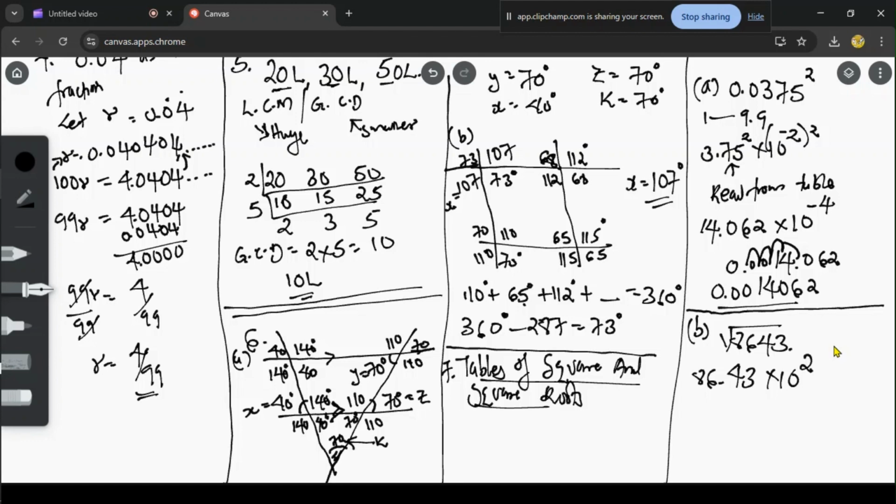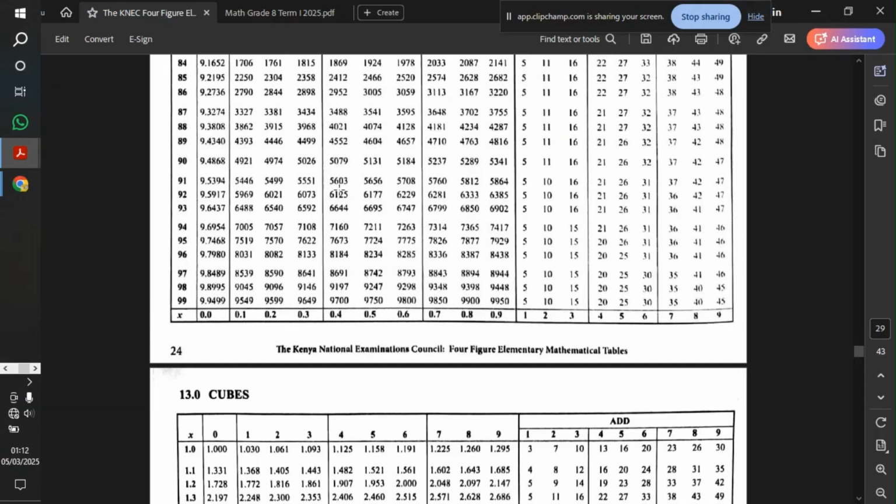The 86.43 I get from the square root table, but for the exponent I do the opposite: here we multiplied by 2, so here I will divide by 2. So I come to my table and check 86.43.